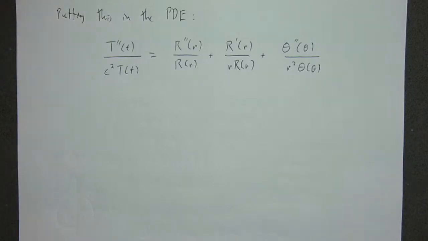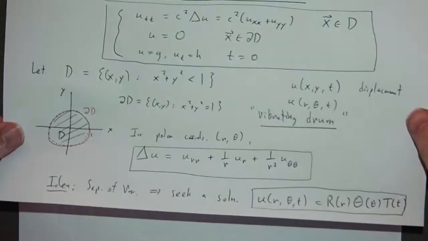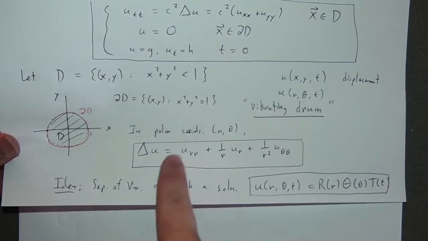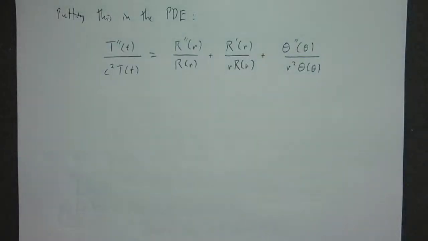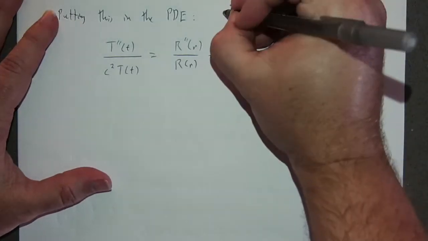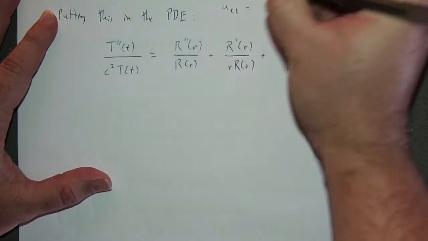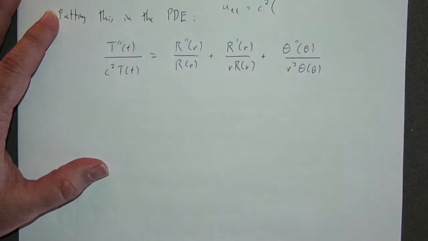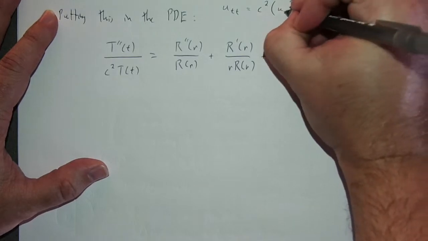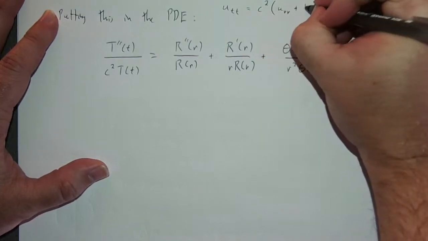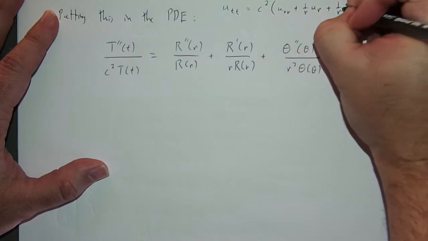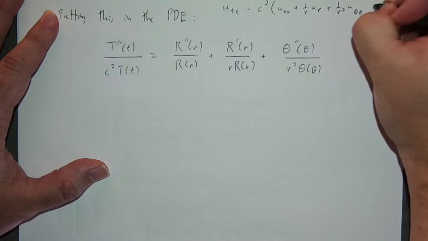Okay, now, what is the PDE? Well, recall that if the Laplacian of u in polar coordinates is this, then the PDE itself is u sub tt is equal to c squared times u sub rr plus 1 over r u sub r plus 1 over r squared u sub theta theta.